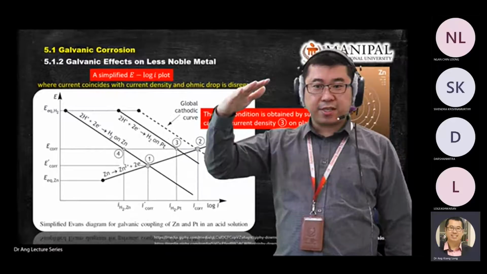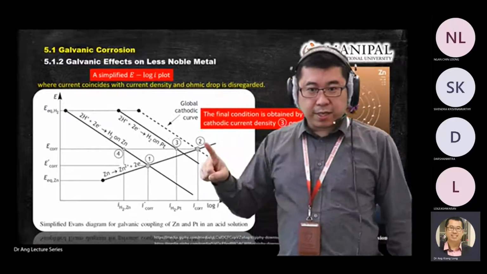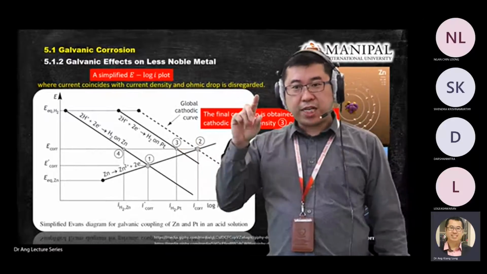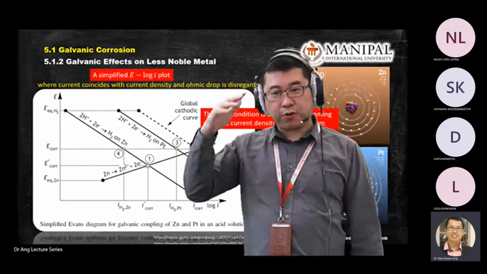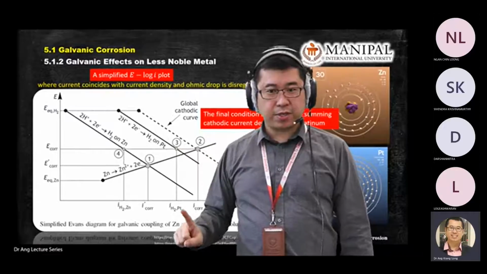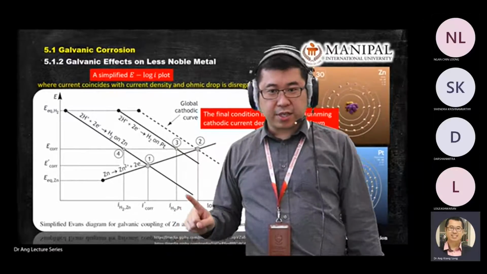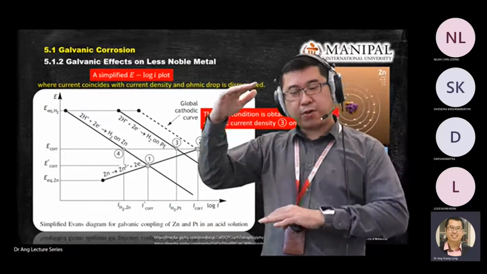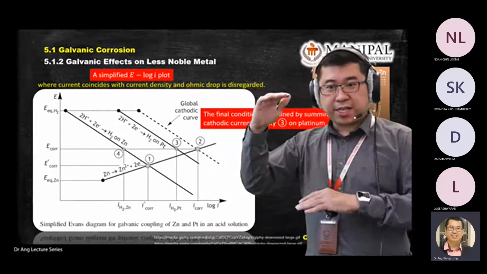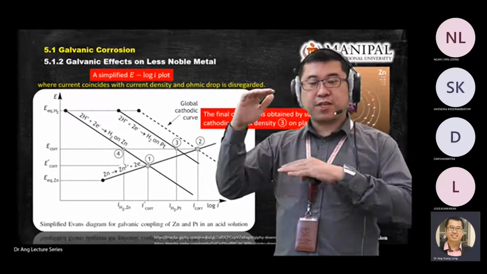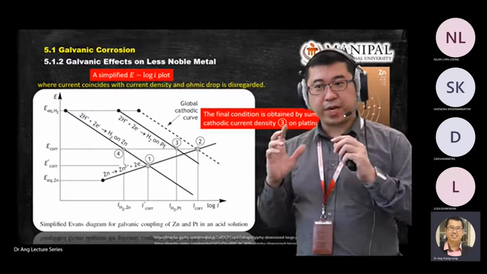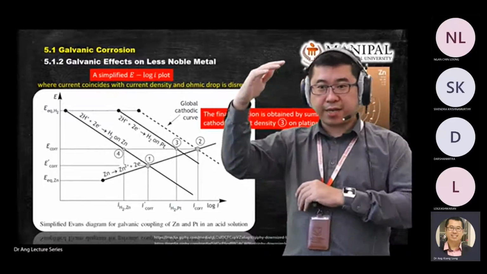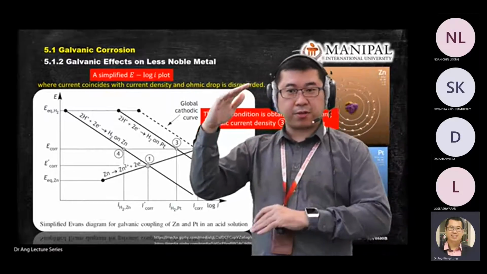For the cathodic station we use current density. For the lower metal, in this case zinc, we use corrosion rate. I hope that by looking at the technical terms themselves, you can differentiate the higher metals from the lower metals.